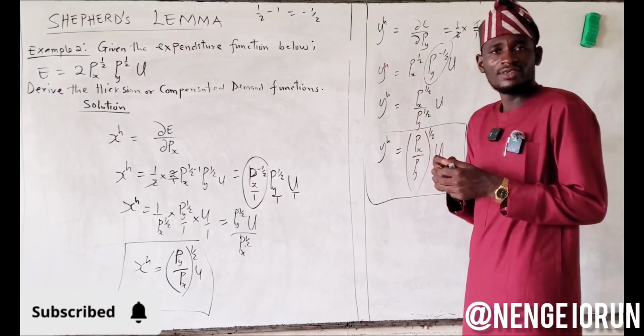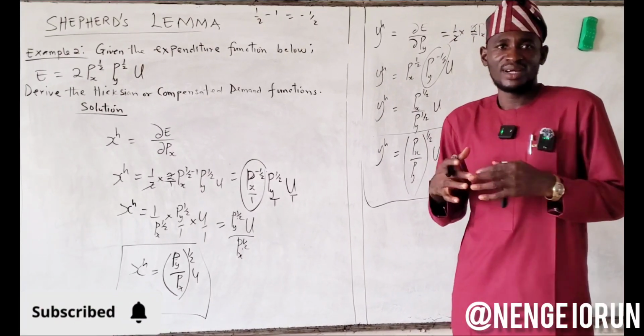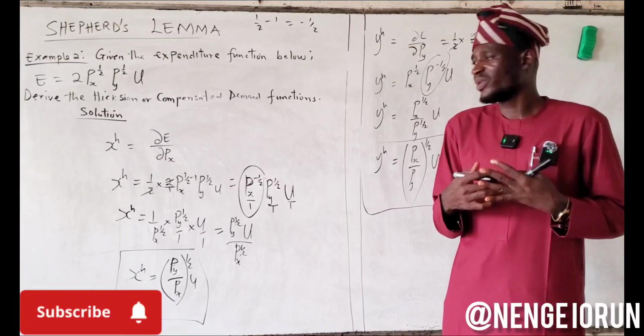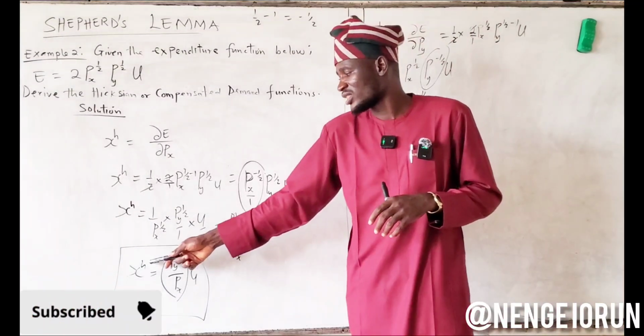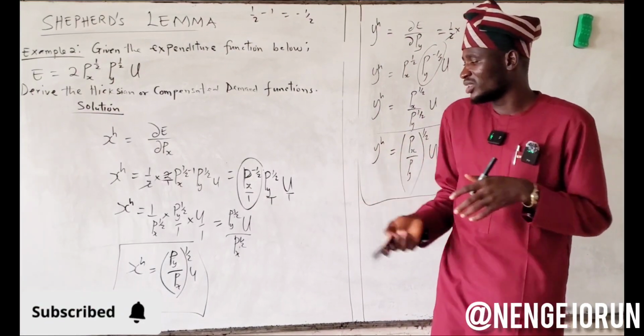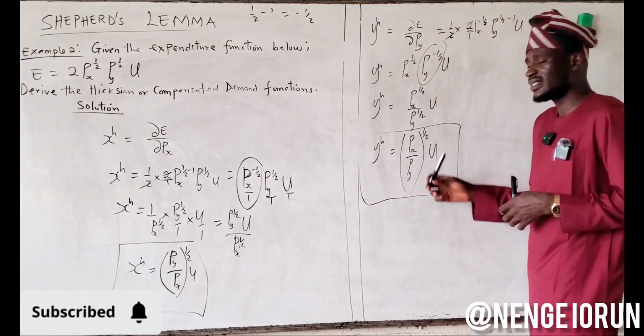So now if you look at it very well, you also discover that just as the Marshallian demand functions were identical, the same thing is applicable to the Hicksian demand functions. The Hicksian demand functions are also identical, just that there are a lot of manipulations. Here you have Py, Px, while here is Px, Py.